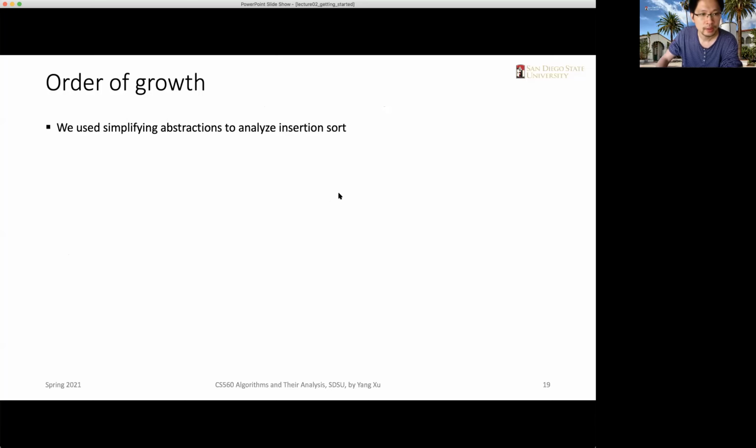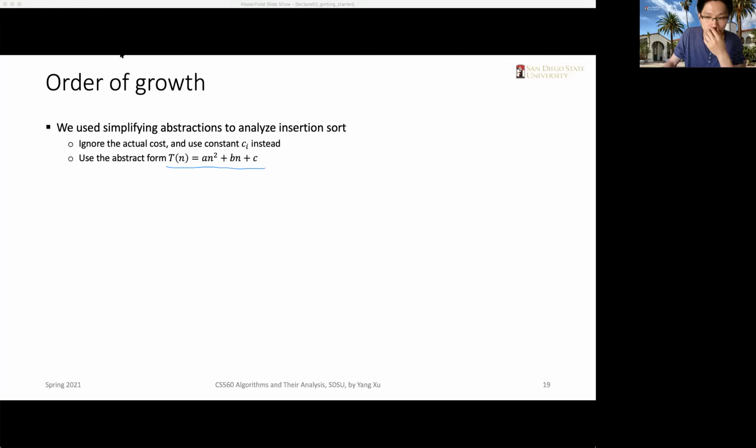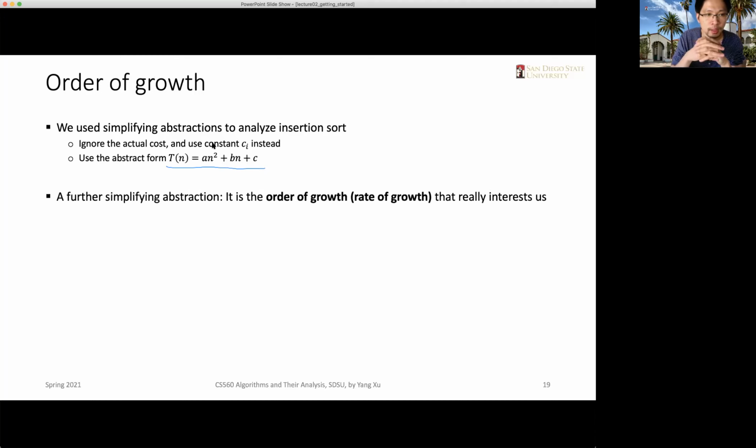So it means we can use simplified abstractions to analyze insertion sort. We can ignore the actual costs, but use constants instead, and we can use the abstraction in such a form, T of n equals this generic quadratic function. A further simplified abstraction is that we only care about the order of growth.